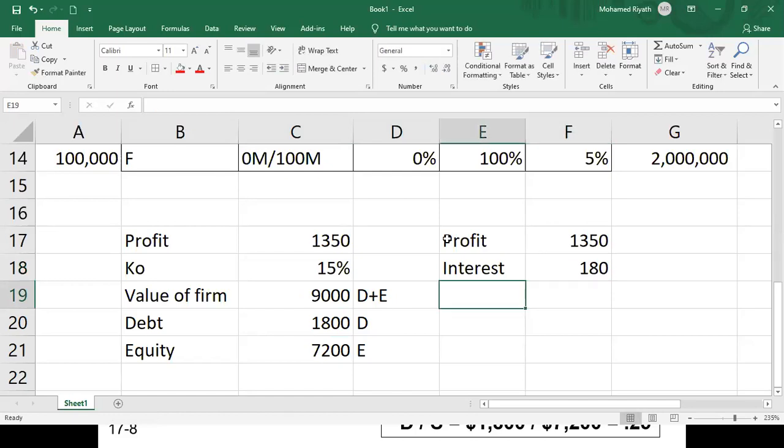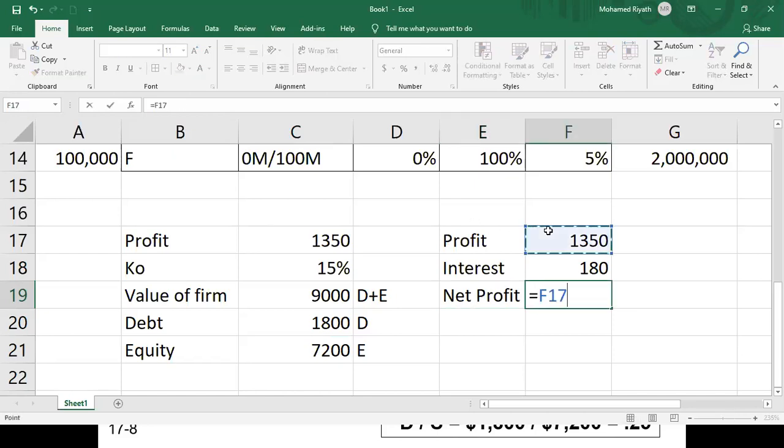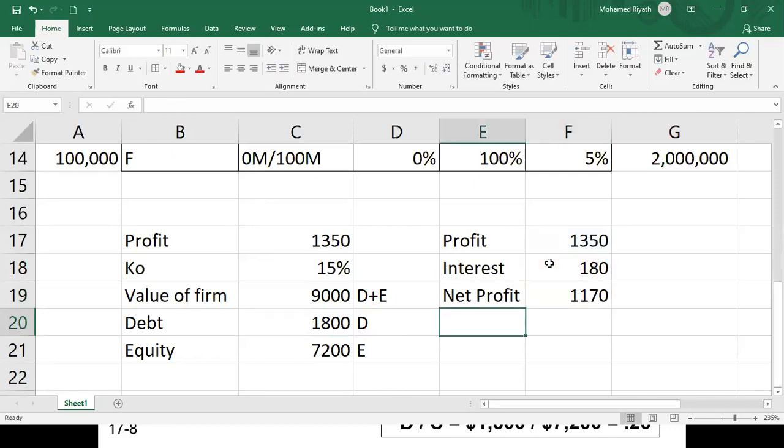How much profit after interest? Assume that there is no tax. How much is the net profit? Net profit is 1,170.